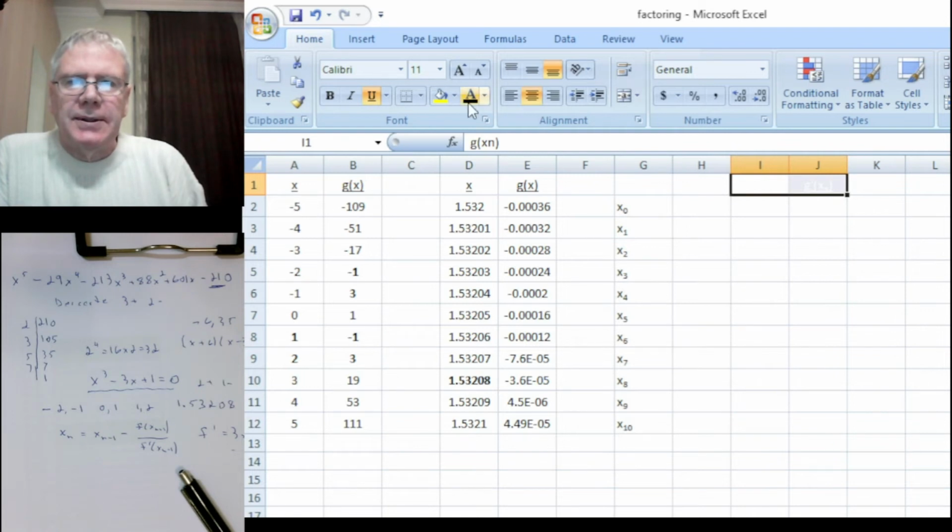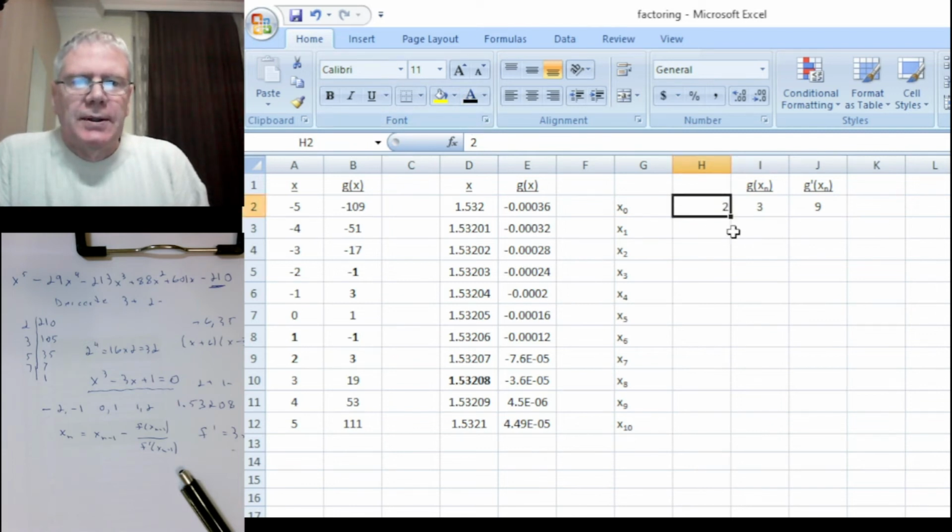Over here, I'm going to need the function of my previous one and the derivative of the previous one. So here I calculate those things. And I have to choose a starting value, which here is 2.